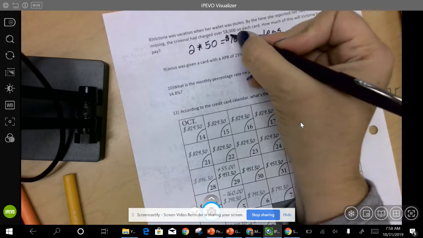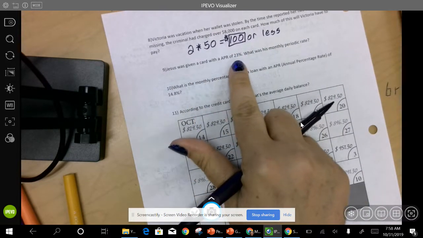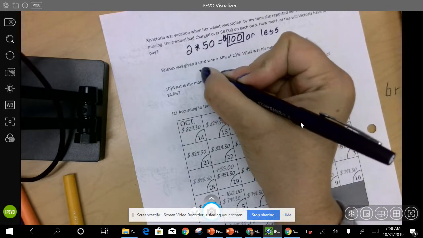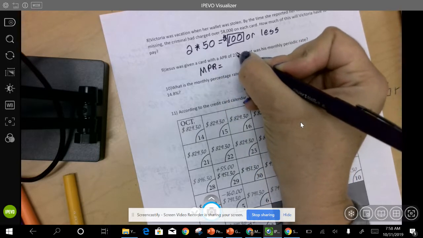This one was given on the test, so just put in this one. Jesus was given a card with an annual percentage rate of 23.23%. What's his monthly periodic rate? Okay, so remember we're going to divide it. Drop the percent sign, go to the left.